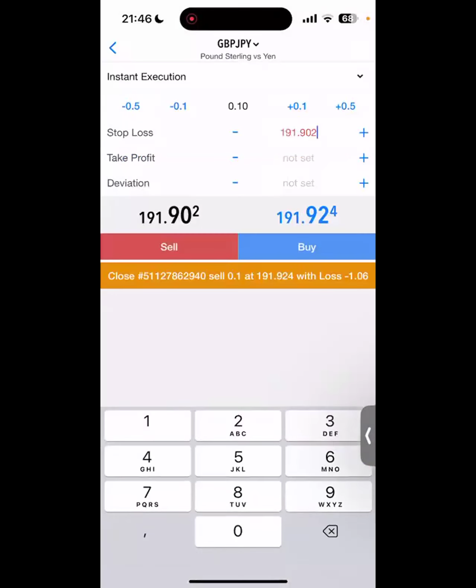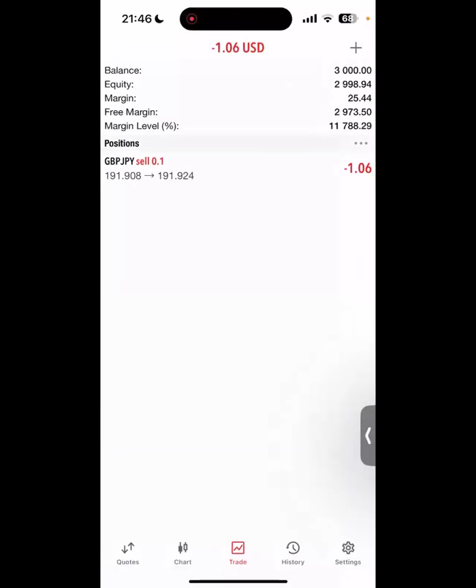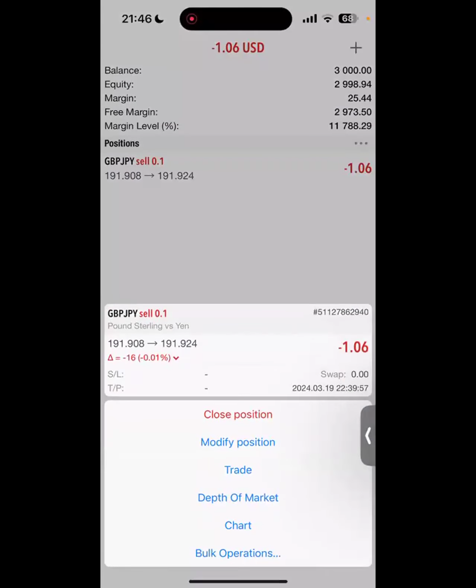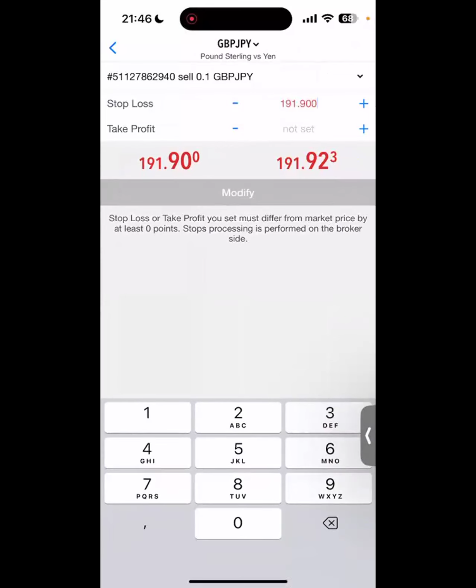So go to the trade idea. No. Go to the trade idea. Click modify. So put your details. So minimize and let's see the take profit.